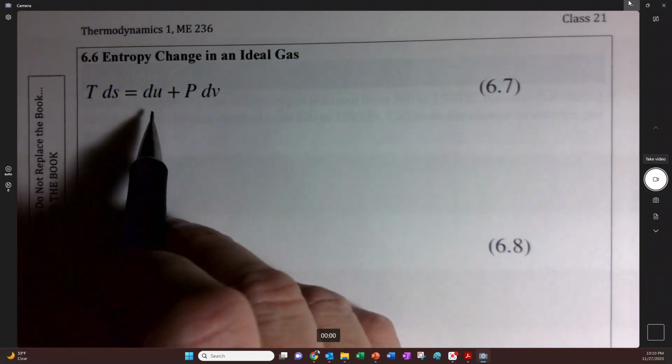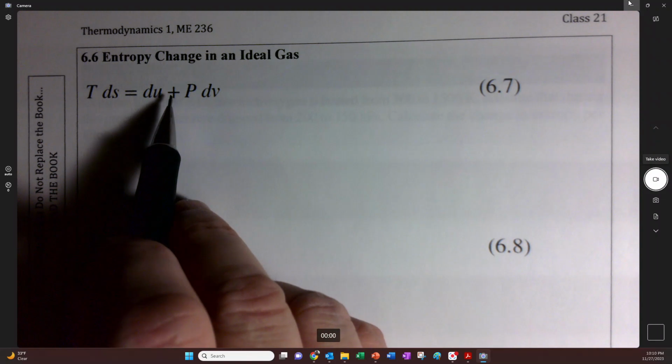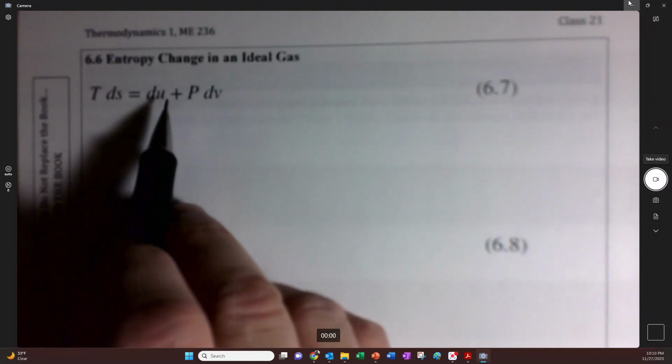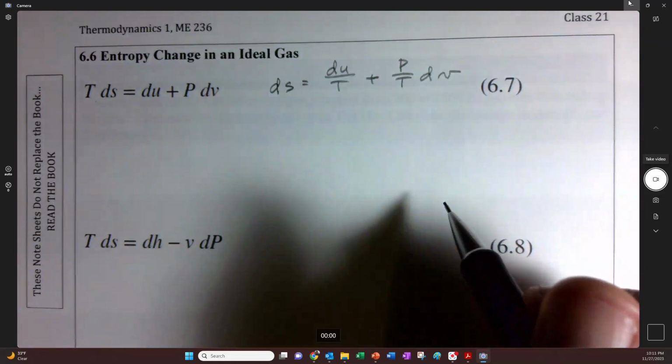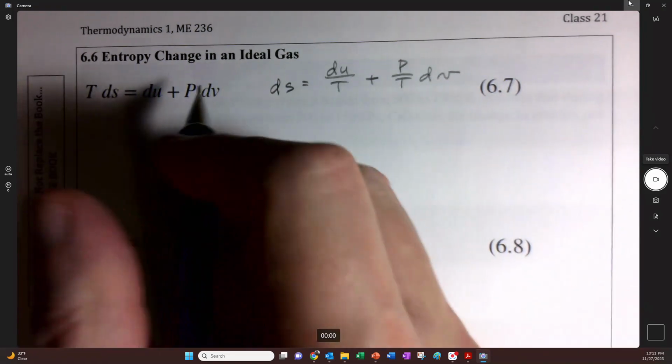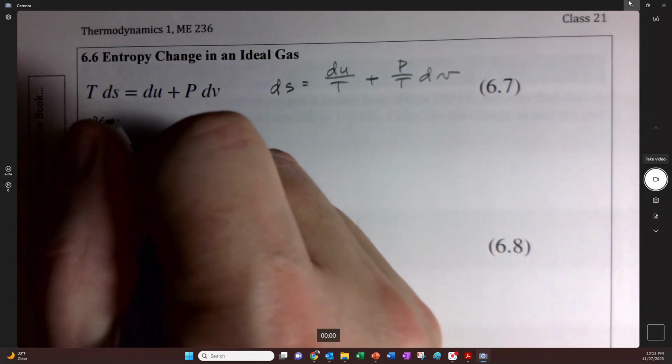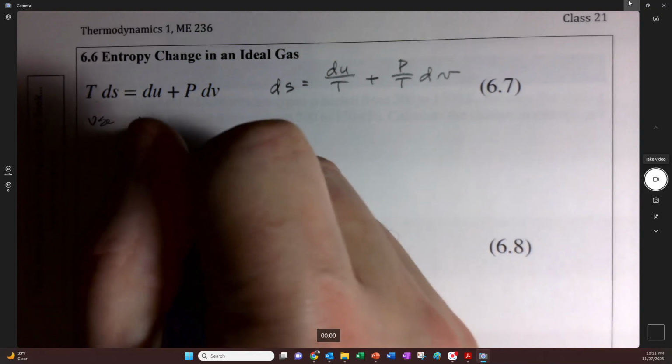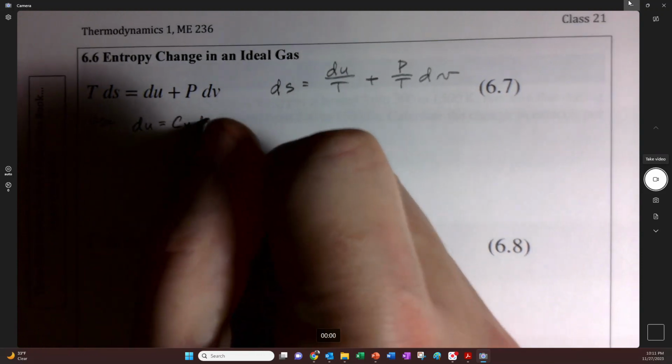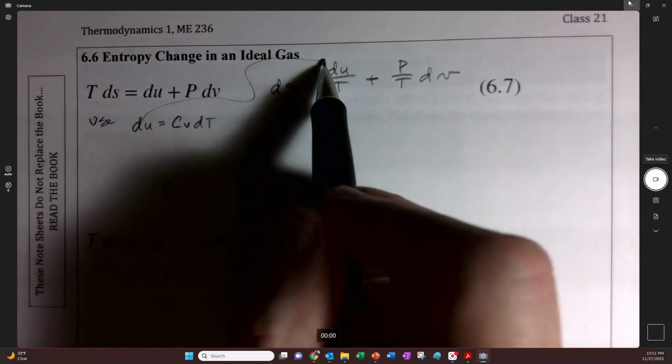All right, so we're going to take this one and apply some ideal gas relations to it. What if I divide all this all the way through by temperature? I would get ds equals du over T plus P over T dv. So now I have it for an ideal gas. We can use what we know: du is equal to Cv dT, so we can replace that up here.